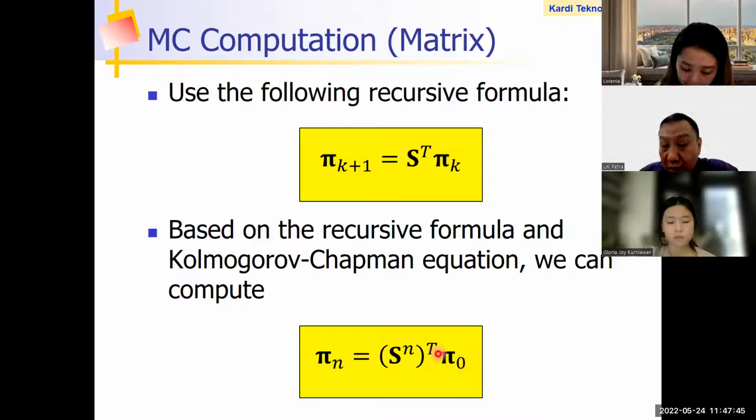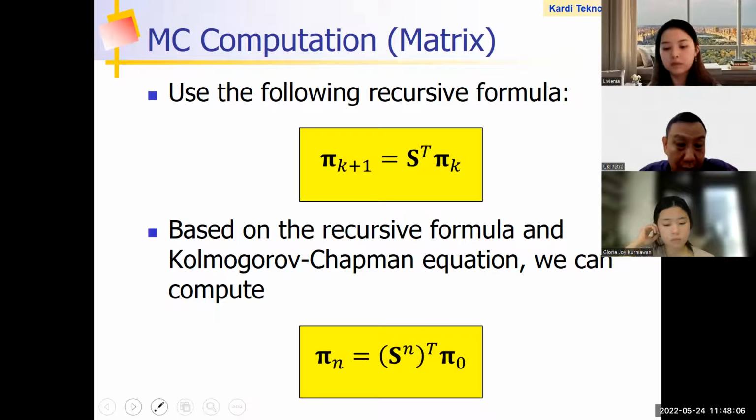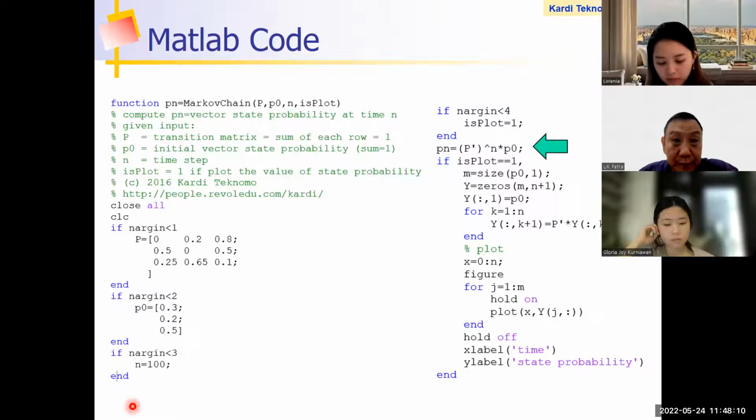So if you have an initial value, and you want to get the distribution of phi at time n, you just exponentiate S to the n, but this is the transpose. So using this formula is very easy.